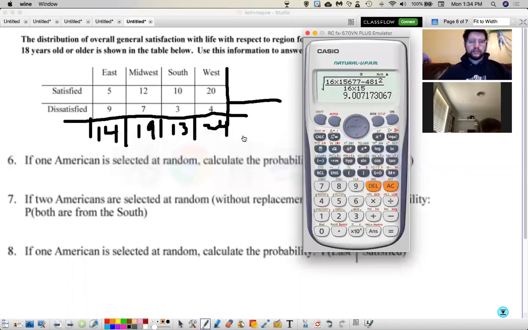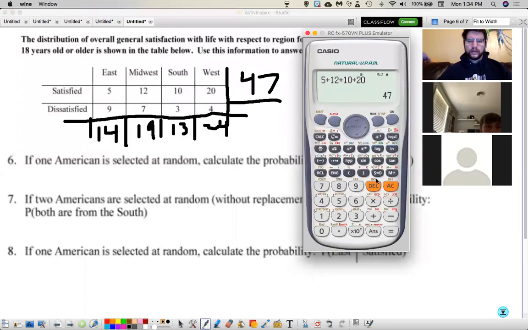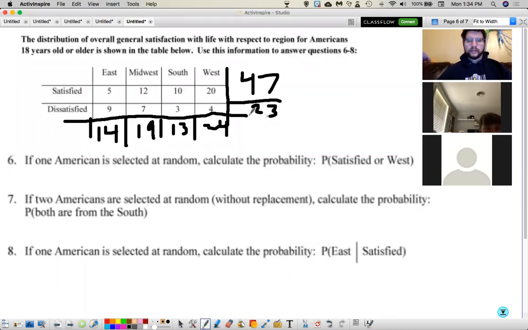You might want to use a calculator so you don't mess up and get everything wrong because you added wrong. 47. Oh, look at that. 9 plus 7 plus 3 plus 4, 23. So that's the first thing I want to do, is get all my totals. So 47 and 23, that's 70. So the entire amount of people that were surveyed was 70.